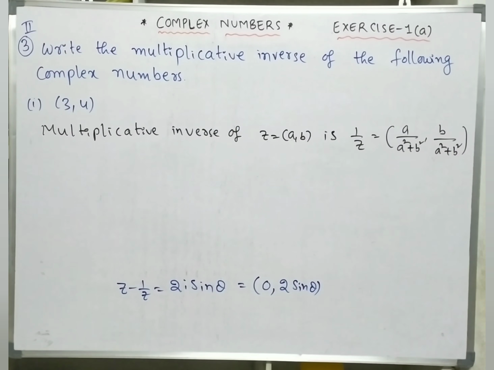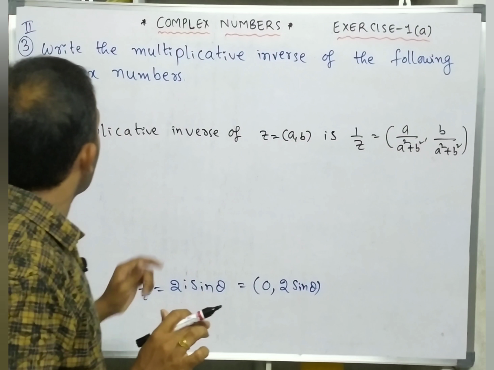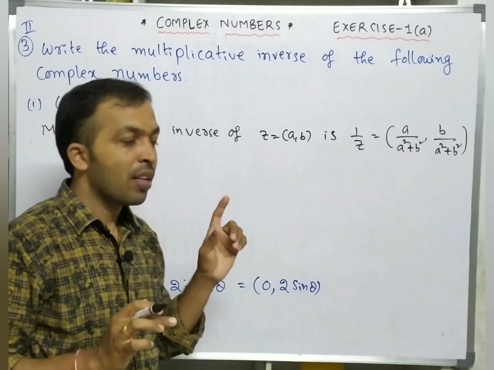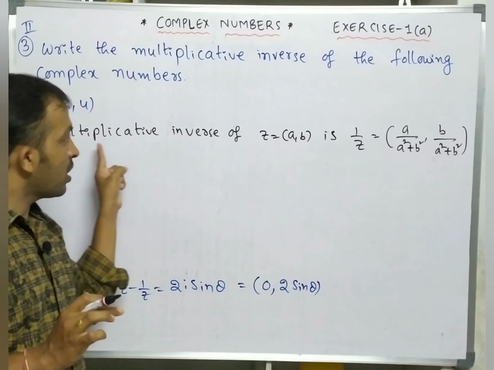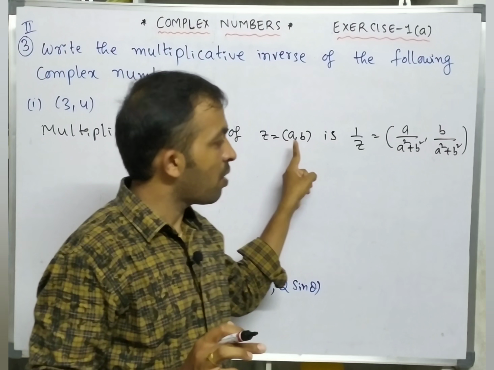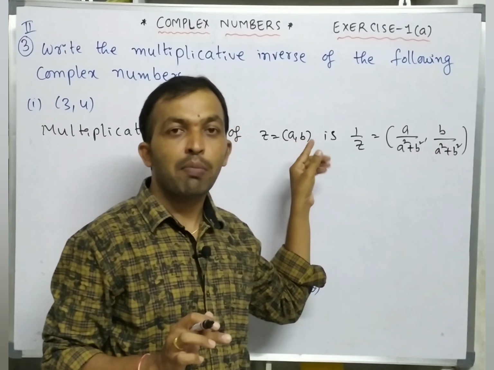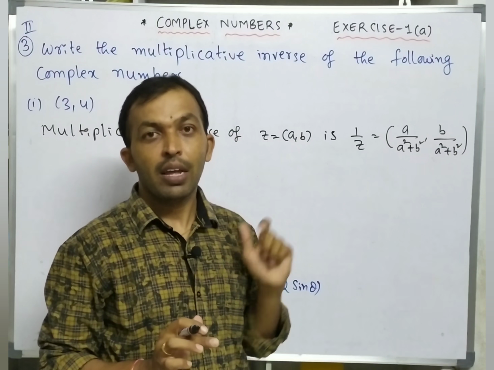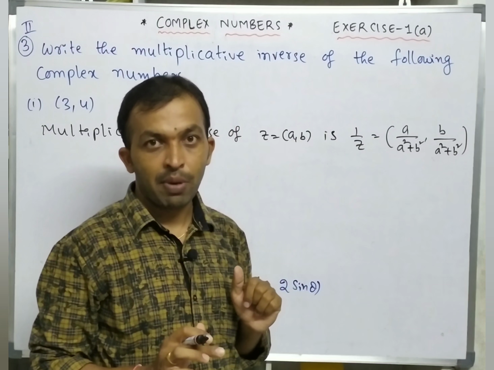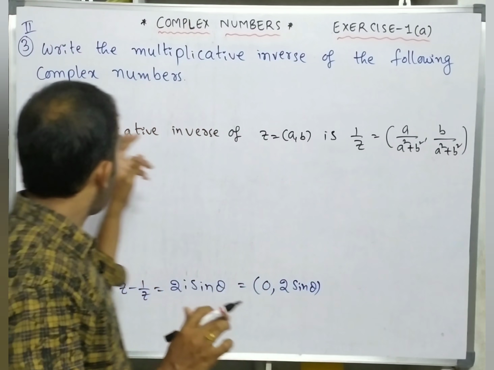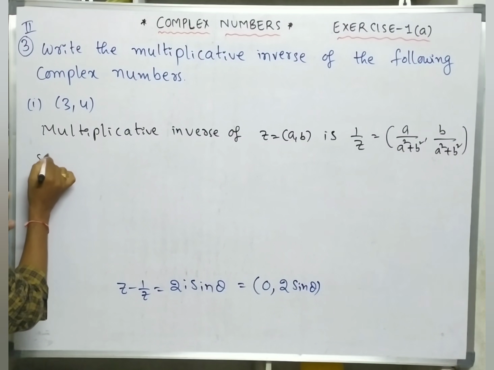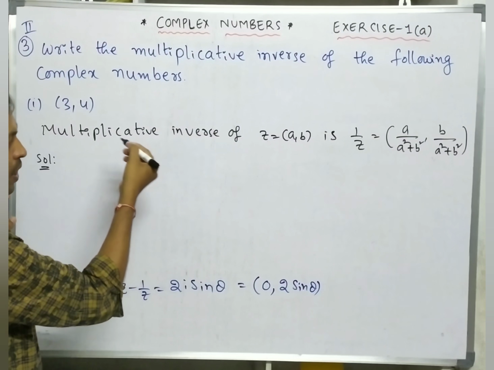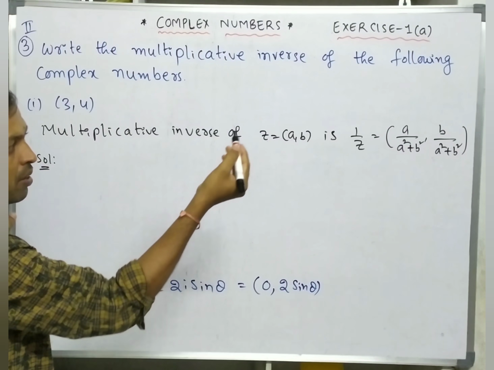Next, third problem, write the multiplicative inverse of the following complex numbers. So we have learned that the multiplicative inverse of z equal to a comma b is 1 by z, that is a by a square plus b square comma minus b by a square plus b square. Here 3 comma 4 means 3 by 3 square plus 4 square, that is 25, and 4 by 25.